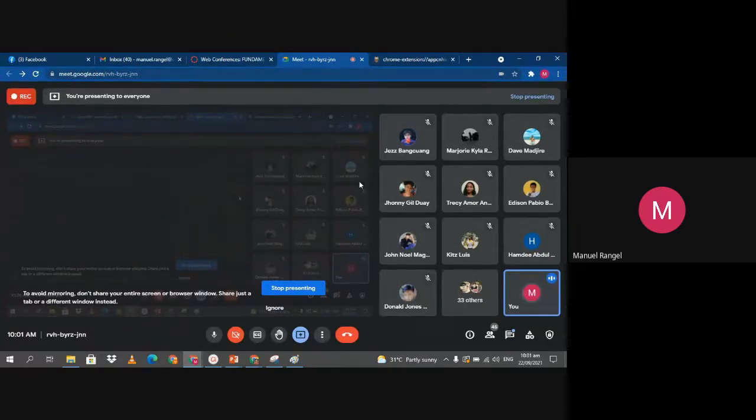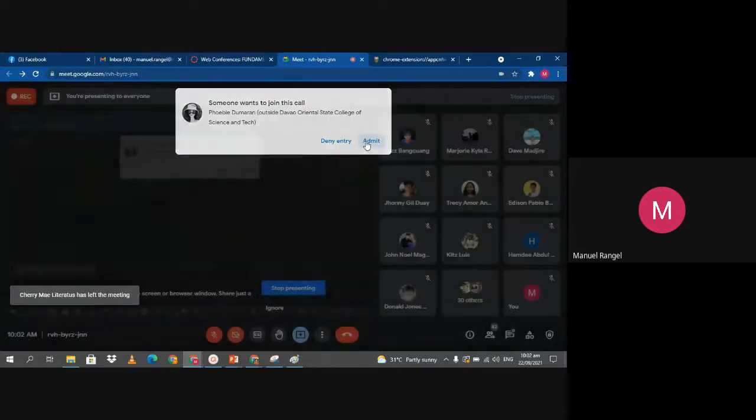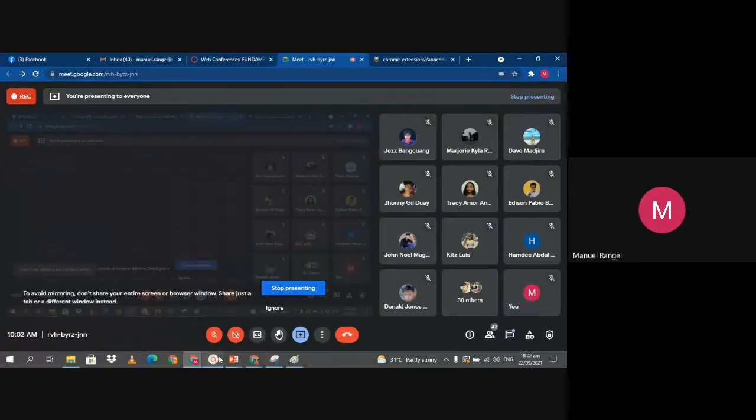Okay, sorry sa power interruption, nag-brown out. Wait lang, nawala akong screen.